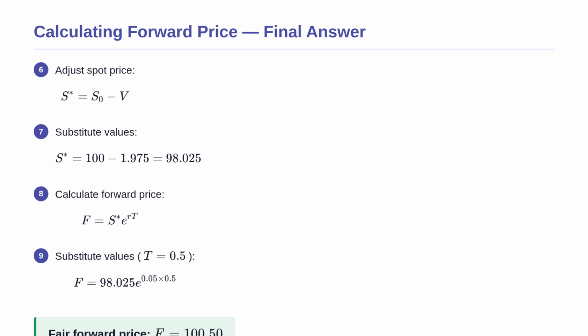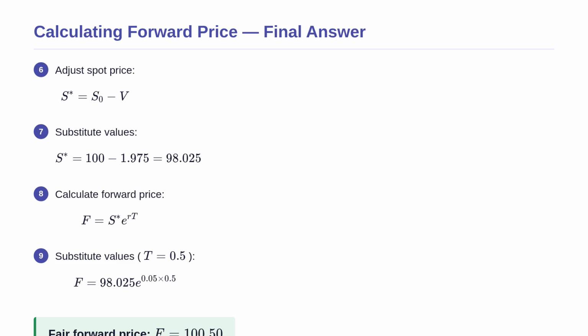Continuing with our example, we now move to the second step, adjusting the spot price. We take the current market price of $100 and subtract the present value of $1.975. This gives us an adjusted spot price of $98.025. Finally, we calculate the forward price by growing this adjusted spot price over the full 6-month or 0.5-year duration of the contract.